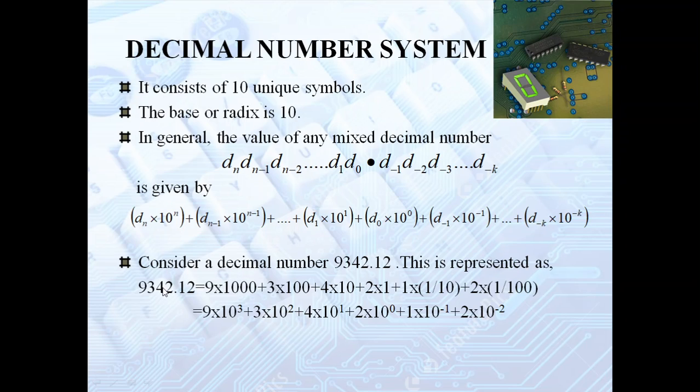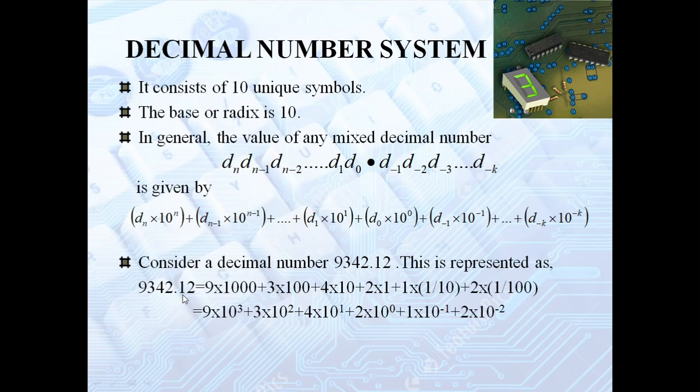The second integer position value here is 4. It is multiplied by 10 power 1. The third integer position value is 3 and it is multiplied by 10 power 2. The fourth integer position value here is 9 and it is multiplied by 10 power 3.